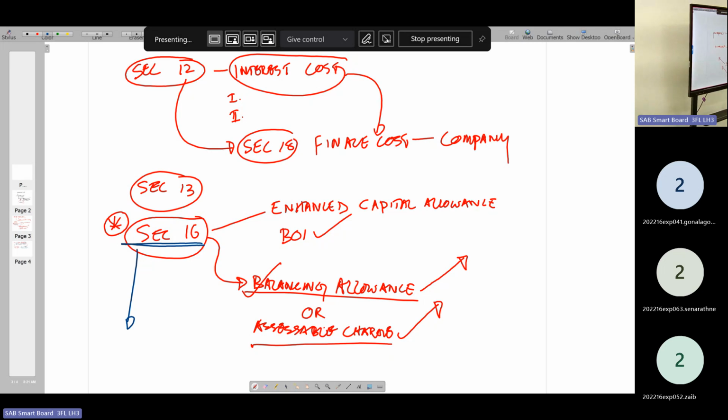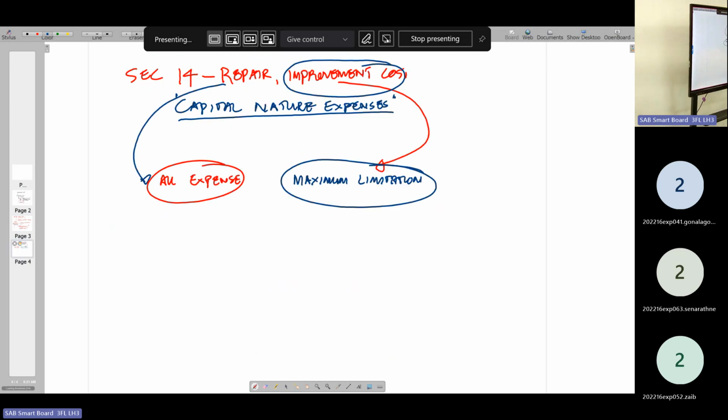Based on the category, that limitation comes. For building, structure and similar nature work, any improvement cost related to such assets shall be how much? 5% of the written down value as of the end of the previous year. That is the maximum amount we can claim in this particular year.